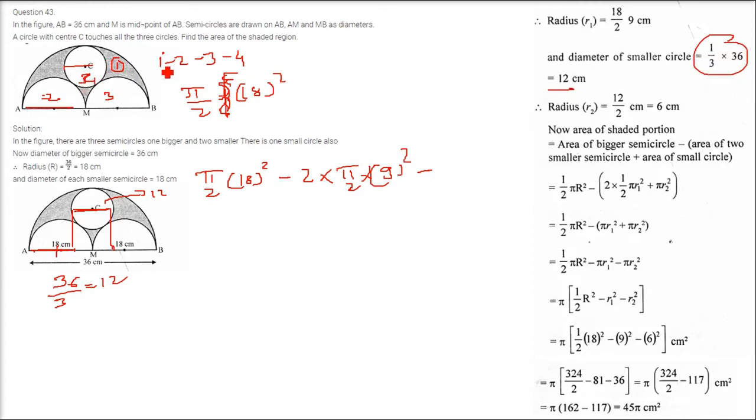So the diameter is 12, so the radius will be 6. Again it is a circle, so I'll take full pi r square. Pi into 6 square. Okay, if I just compute this, if I don't multiply pi, it will be 45 pi. You can write it like this, centimeter square.